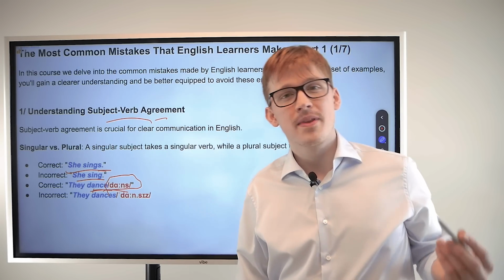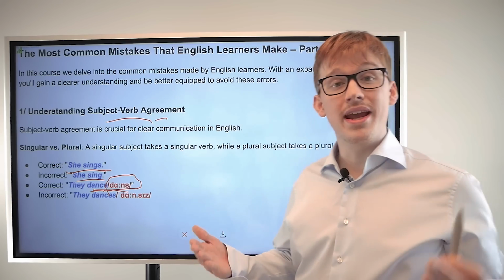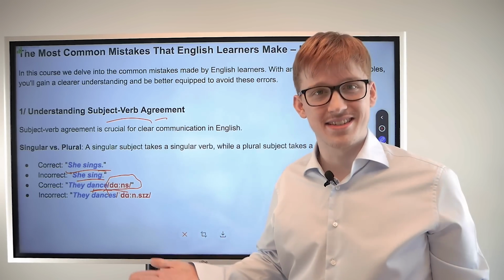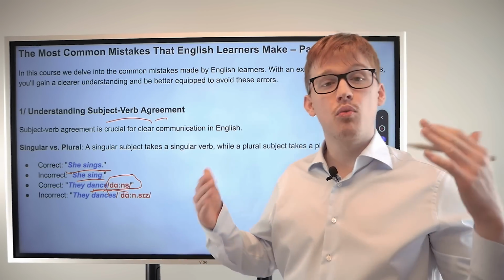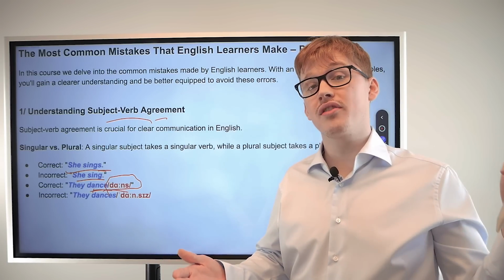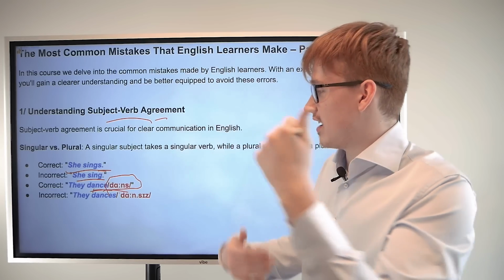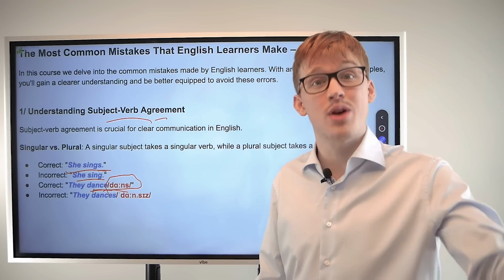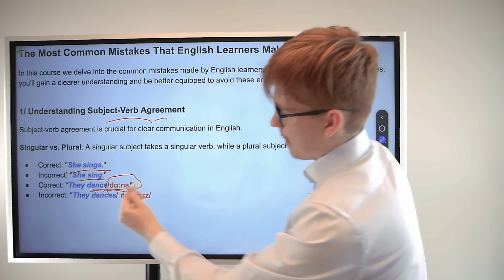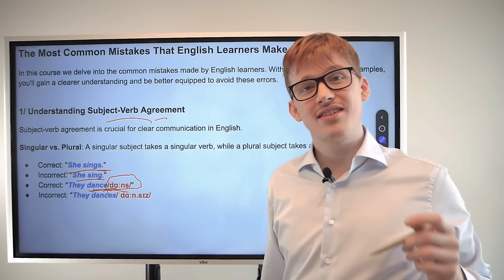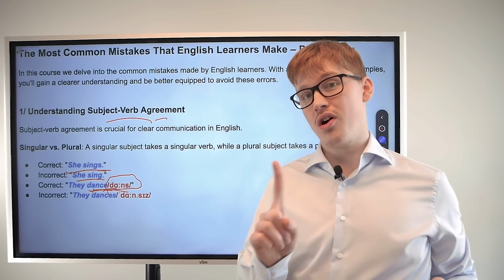Great. So, quite often we have stresses in words. A stress is when a part of the word is used a lot stronger than another part of the word. It is stressed. However, in the word dance, dance is a one-syllable word.